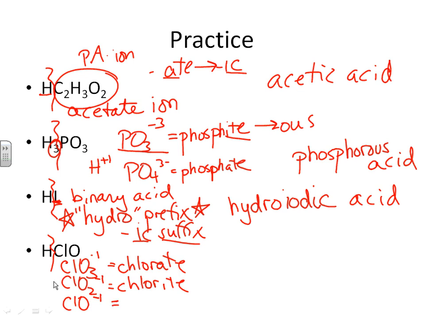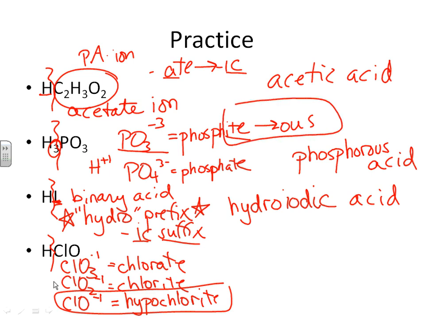So what do you do when you take away an additional oxygen? You add a hypo to the front. This is hypochlorite. Hypo, like hippo, way less energy, very much less. So what we have right here is the hypochlorite ion. And we have it in terms of an acid form. We're going to go back up to this rule right here. Ites become ous, and that's exactly what we're going to do here.